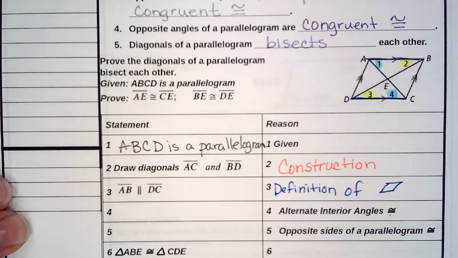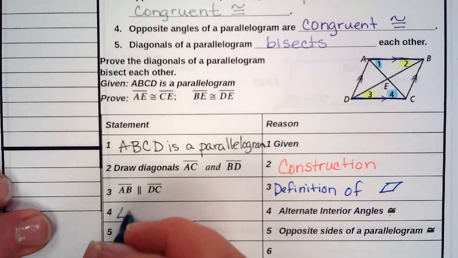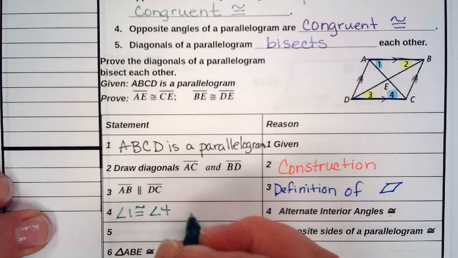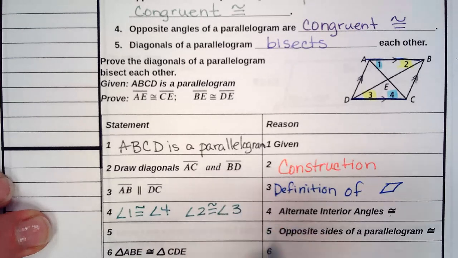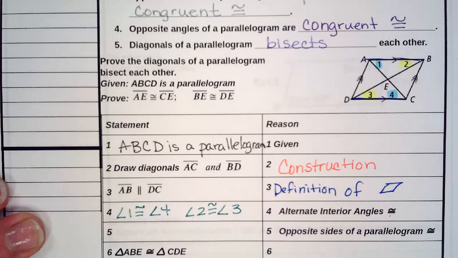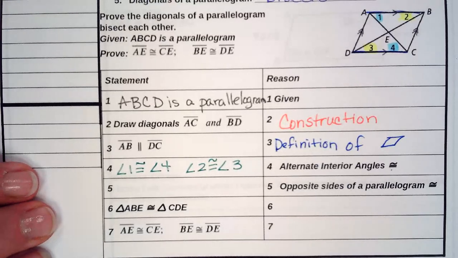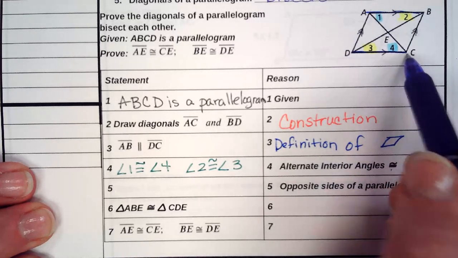So now we need to list that. We know that angle 1 is congruent to angle 4. And we also know that angle 2 is congruent to angle 3. Okay. So it says now that opposite sides of a parallelogram are congruent. What two sides are we talking about? AB and CD.